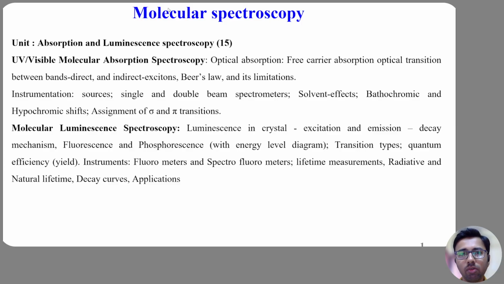Here, we distinguish between two types: direct transitions, where electrons move directly between bands without momentum change, and indirect transitions, where lattice vibrations called phonons assist the transition. Understanding this difference helps us interpret absorption spectra in solids.